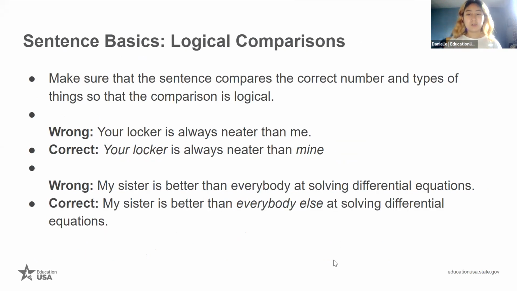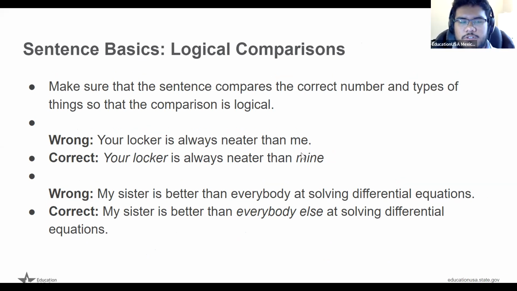Yeah, so George is going to be doing the logical comparisons. All right, so with logical comparisons, it's just making sure that the sentence compares the correct number and types of things so that the comparison is logical. So let's look at this first example. This one is saying, "Your locker is always neater than me."